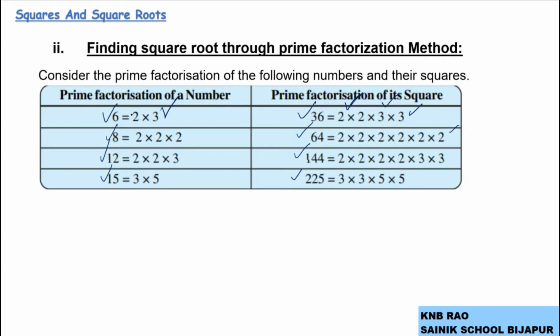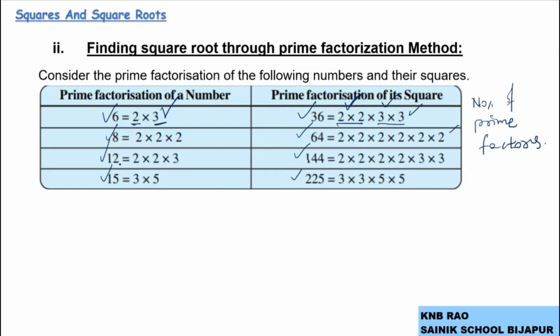But where in 6 we have 2 only once, 2 appears twice in the square of 6, and 3 once in 6 and 3 twice in the square of 6. So it is somewhere related to the number of prime factors. Try to observe how many times each prime factor is there. That is going to help you in finding square root using prime factorization.